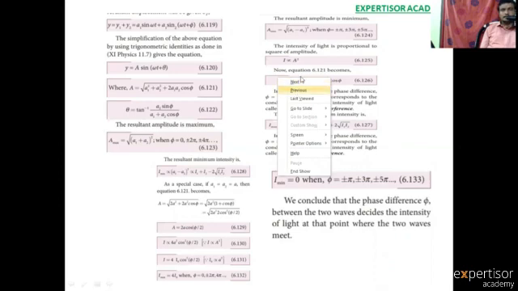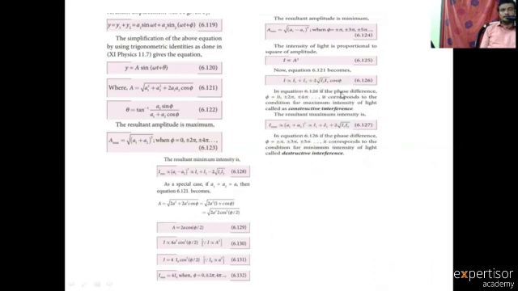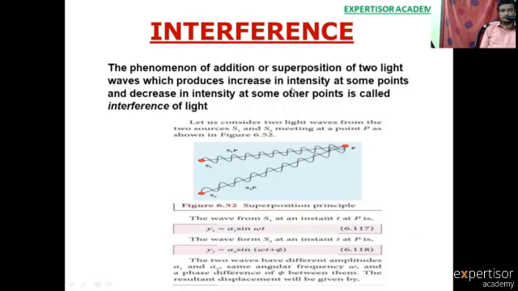The increase in intensity in one region and decrease in intensity in another region, or at different points, are formed by the superposition of two light waves. So that is interference of light. Simply, the light rays are superimposed on each other.